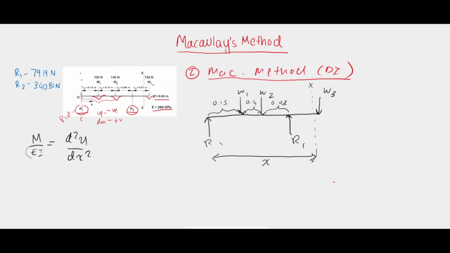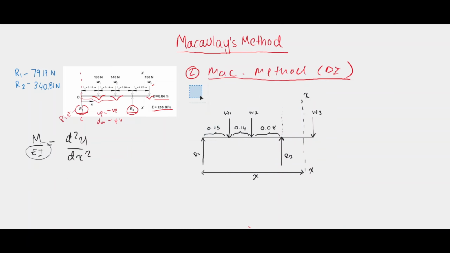Multiplying both sides by EI, we get d squared y over dx squared is equal to M. M is the bending moments of the point loads acting on the beam. So we have to find M, the bending moments acting over X, which we have taken as the pivot, and then we can double integrate in order to find y, which is the deflection. That is Macaulay's method.